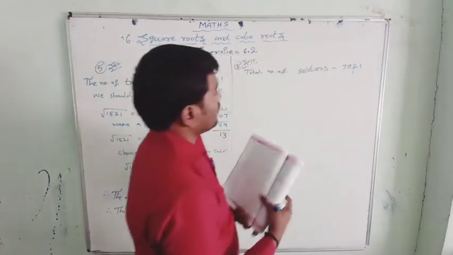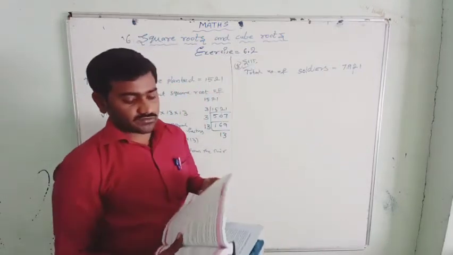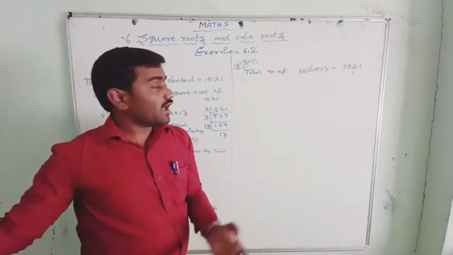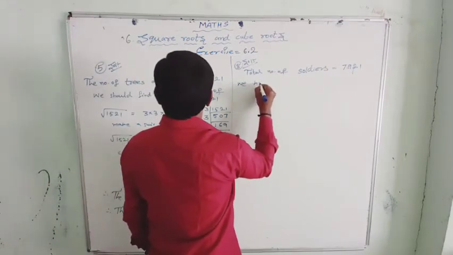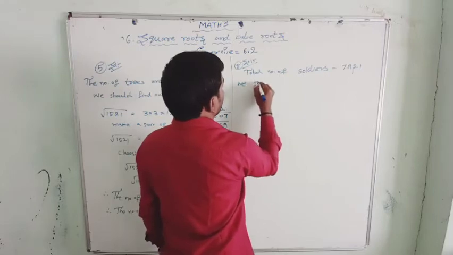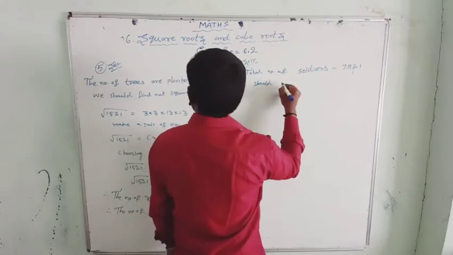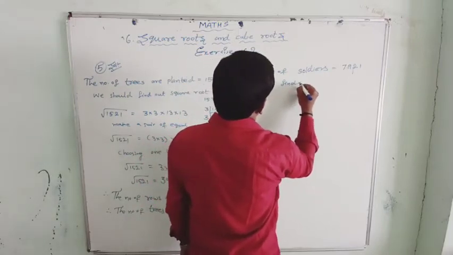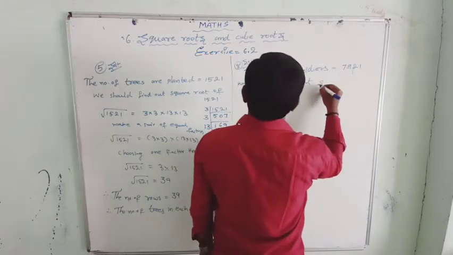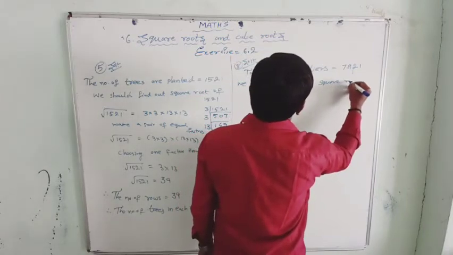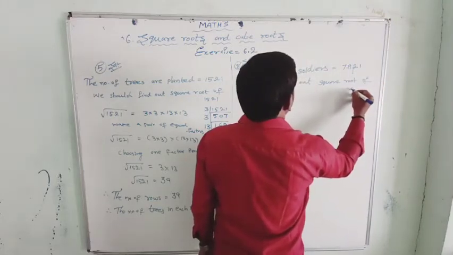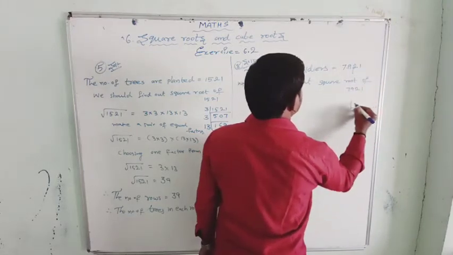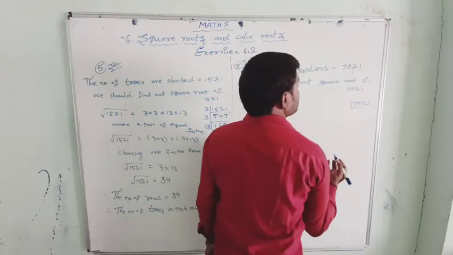Here also we need to find the perfect square root. We should find the square root of 7,921. You take this 7,921 and factorize.